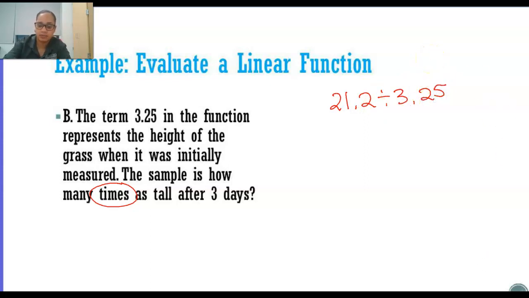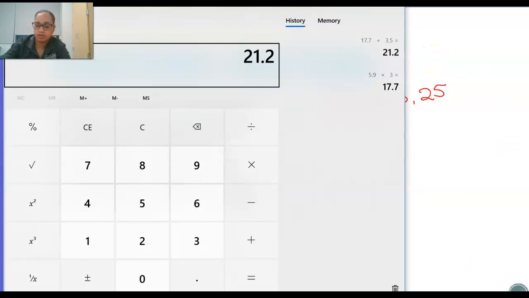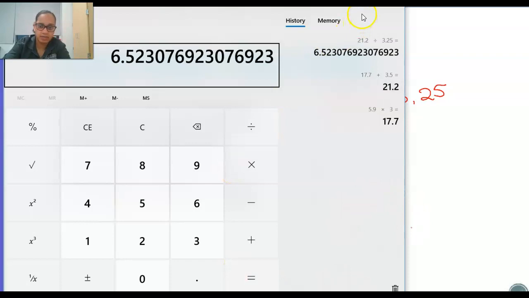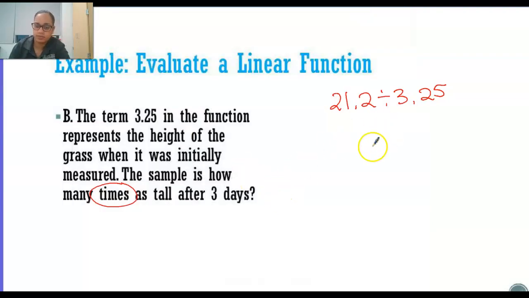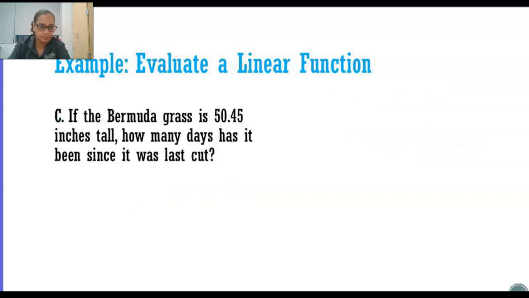Again, that's something I could just pull up on my calculator. I'm going to go ahead and estimate about 6.5. 6.5 times as tall. That's some fast growing grass. So after 3 days, it's 6.5 times as tall as it was the initial day.